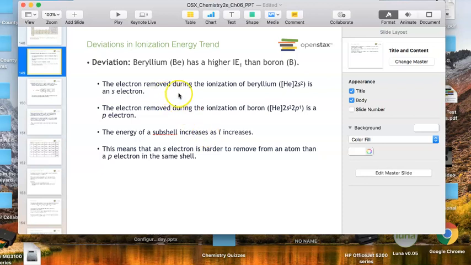The electron removed during the ionization of beryllium is an s electron. The electron removed during the ionization of boron is a p electron. The energy of a subshell increases as l increases. That means that the s electron is harder to remove from an atom than a p electron in the same shell.